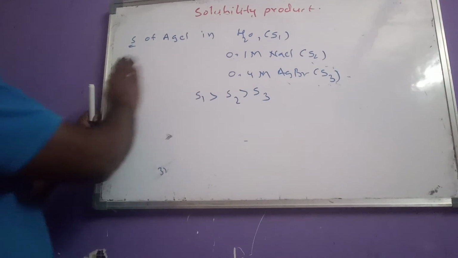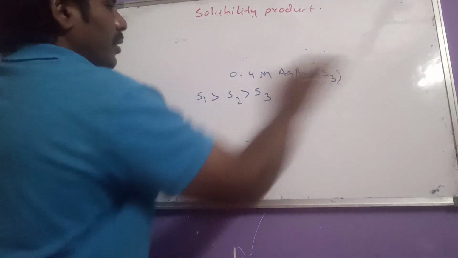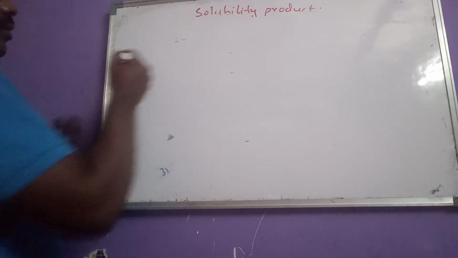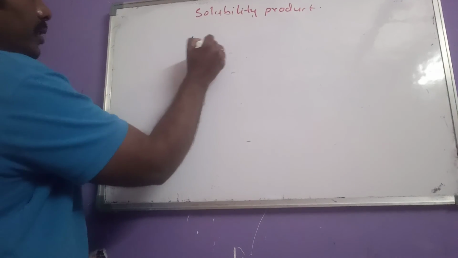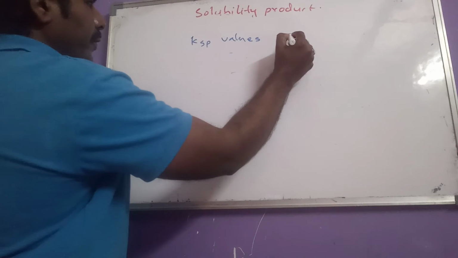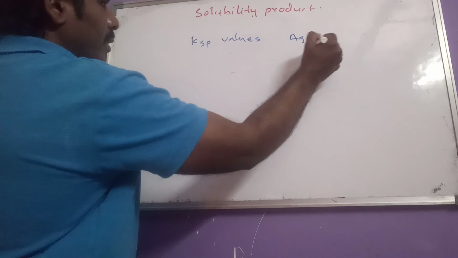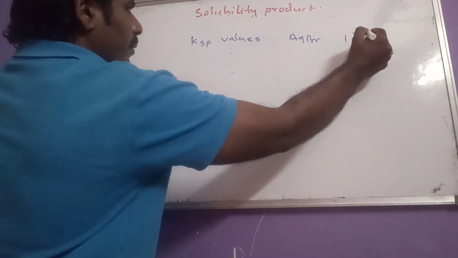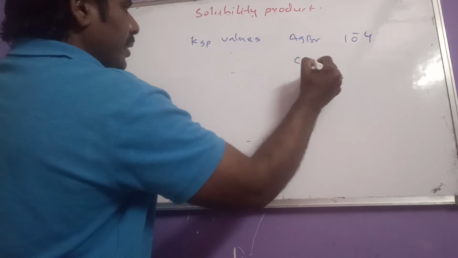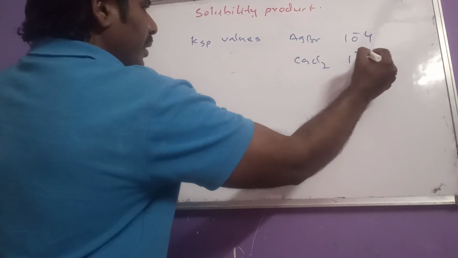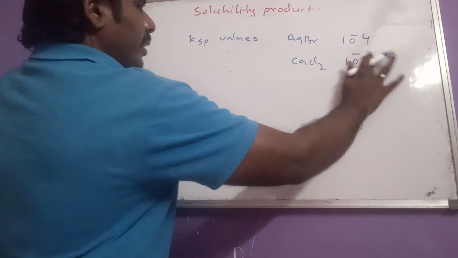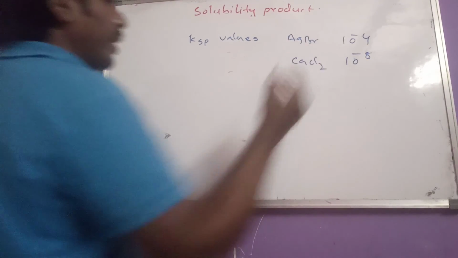Now another type of question. What is another type of question? For example, solubility product values, Ksp values of AgBr they have given as 10 power minus 4, and another salt CaCl2 they have given 10 power minus 5, or okay, you can take it as 10 power minus 8.